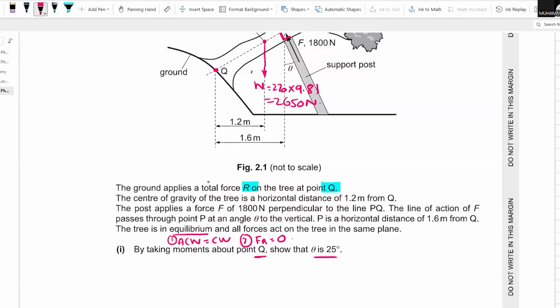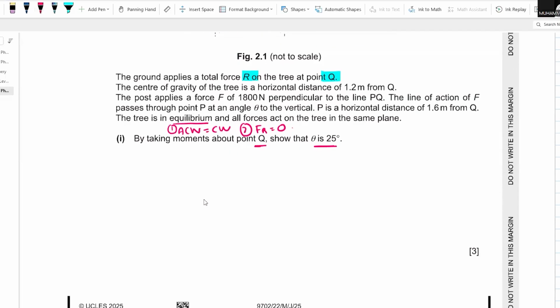Can you realize that this weight will be causing which type of moment? Clockwise moment. 2650 multiplied by the perpendicular distance of 1.2. Can you calculate the clockwise moment? Yes. Clockwise moment is equal to force into distance. Force is 2650 multiplied by the distance, that is 1.2. What does your clockwise moment come out to be? My clockwise moment comes out to be 3180 Newton meter.